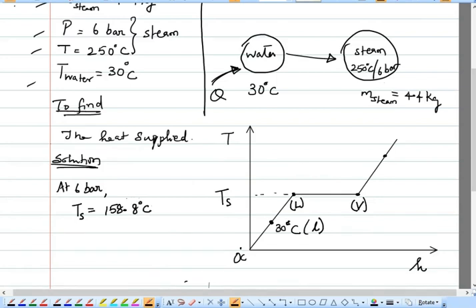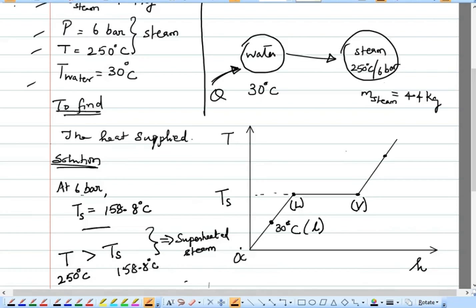If you have any textbook, you can refer this, check this value corresponding to 6 bar. So Ts is 158.8 degrees Celsius. But our steam temperature is greater than Ts. Our steam temperature is 250 degrees Celsius. Here saturation temperature is 158.8 degrees Celsius. So if the temperature is greater than the saturation temperature, what it indicates? The steam is a superheated steam.